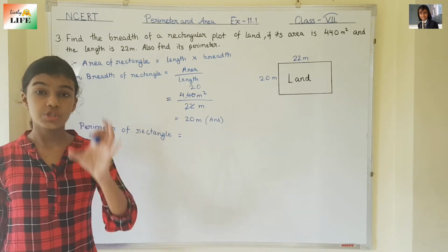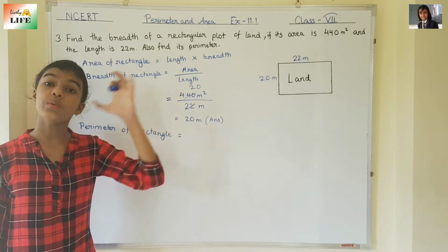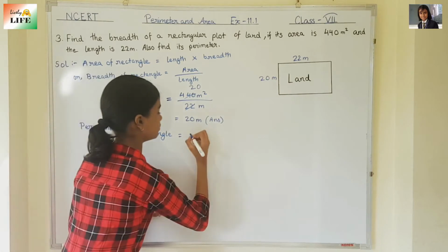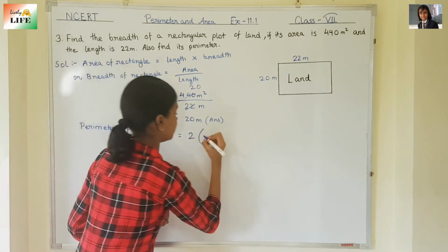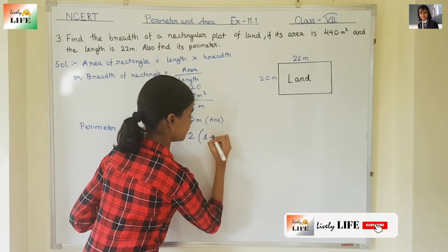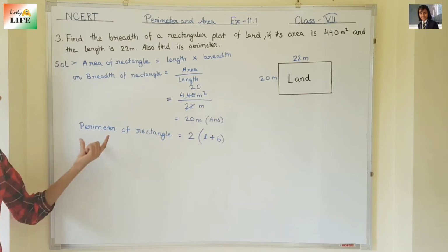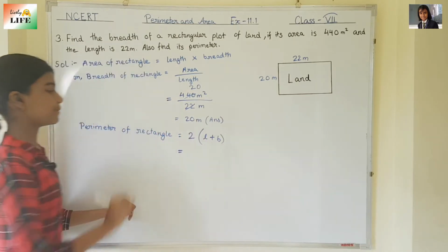It is 2 into L plus B, length plus breadth. 2 multiplied by length plus breadth. If length is L and breadth is B, then 2 into L plus B. This is the formula of perimeter of rectangle. You have to learn this one.